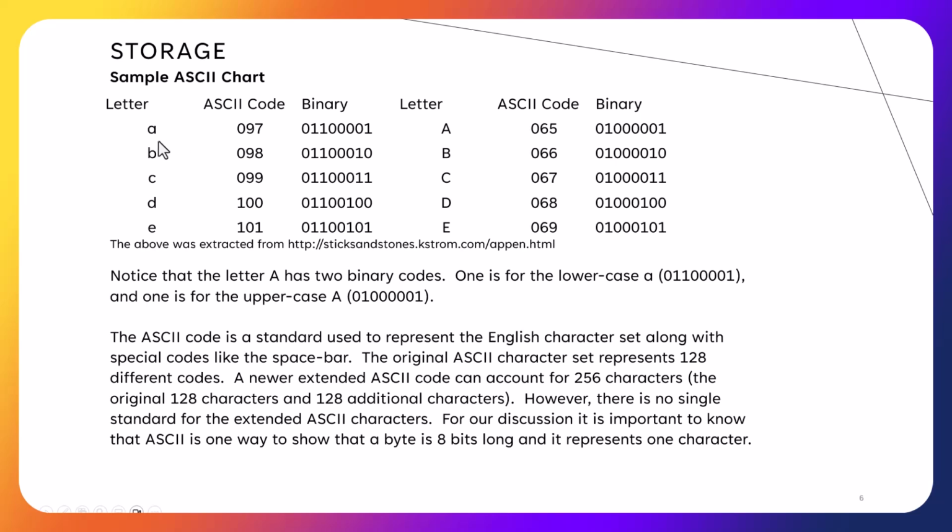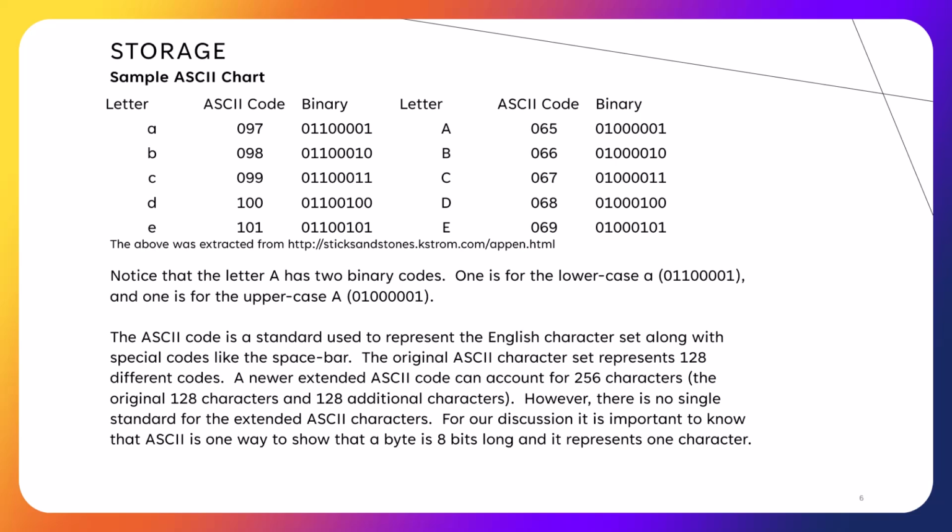The lowercase a has a binary value of this. Don't worry about the ASCII codes here and here. We'll discuss those again in a future chapter. This chart and an extended version of this can be found here, or if you just go to Google or your favorite search engine and type in ASCII chart, you'll see a lot of different options out there.